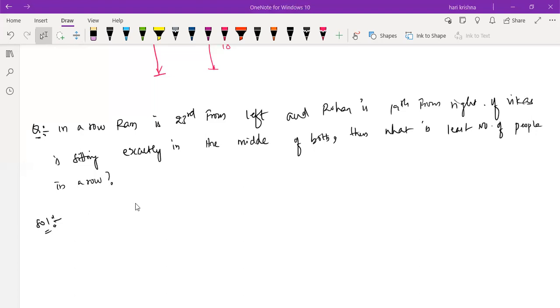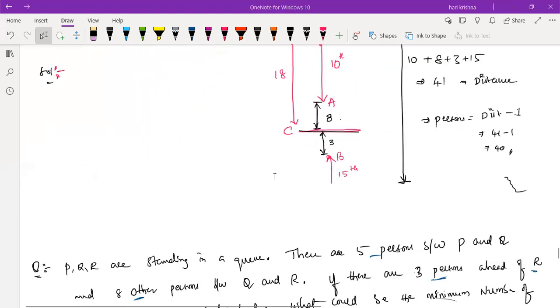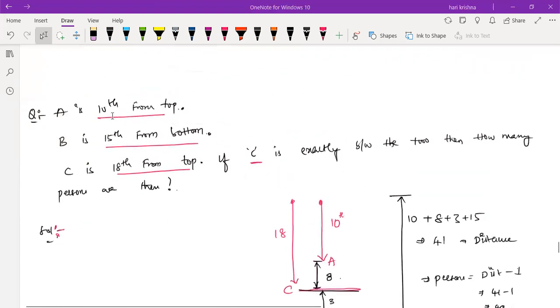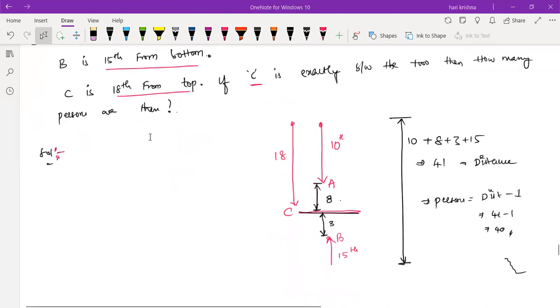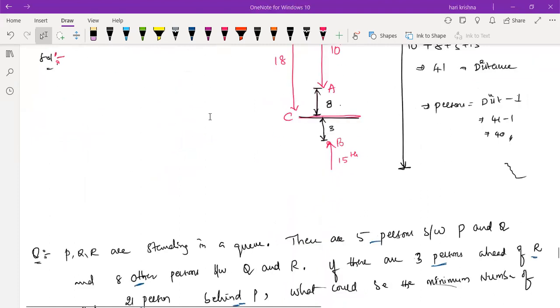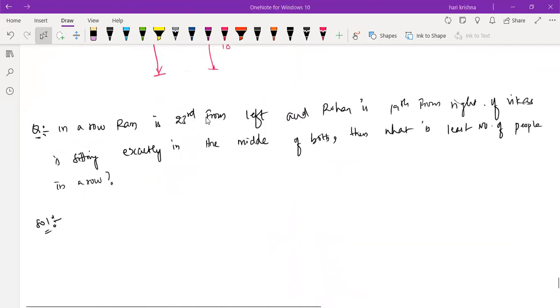Ram is 23rd from the left, right? But exactly the position of Vikas is not given in this. If you take this problem, A is 10th from the top, B is 15th from the bottom, and C is 18th from the top, and C is exactly between the two of them. How many persons are there in the row? But in this case, they didn't give any position.